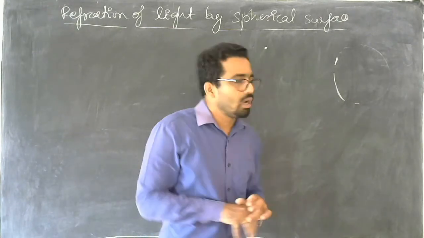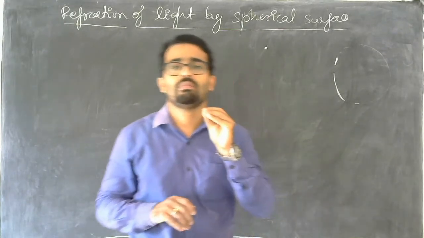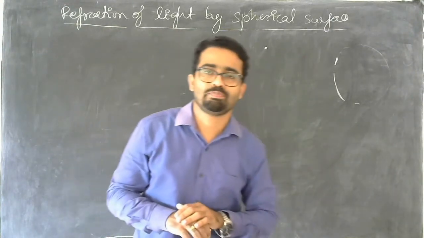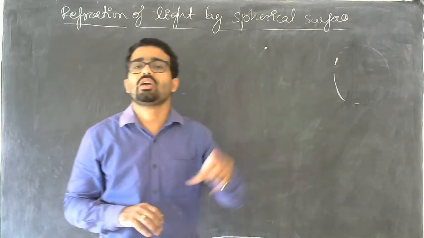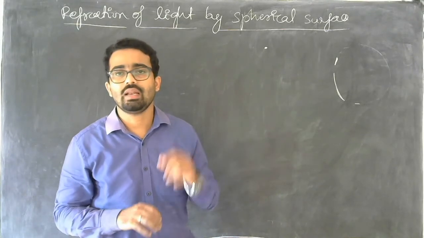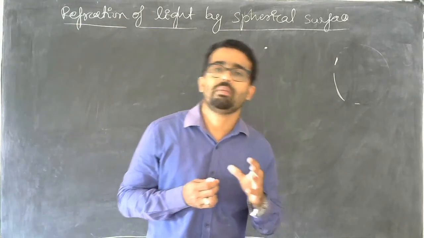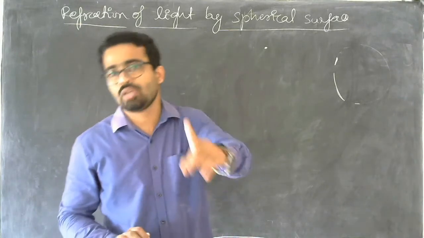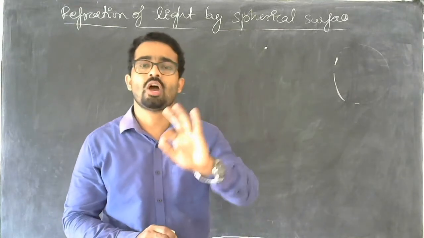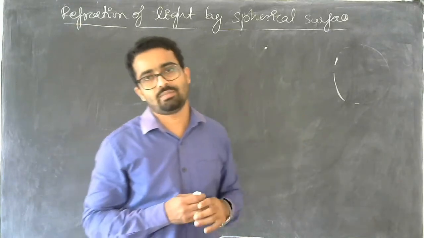So to take a transparent medium, we consider some optical mediums which are made from glass, and those are called lenses. A lens is an optical medium made from glass, bounded by two surfaces, at least one of which should be spherical. Those are called lenses.